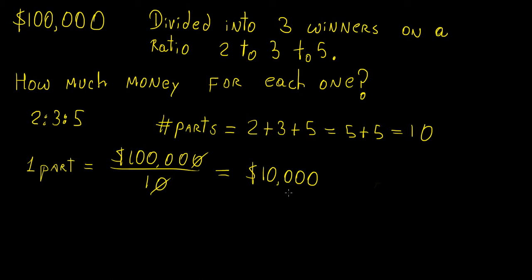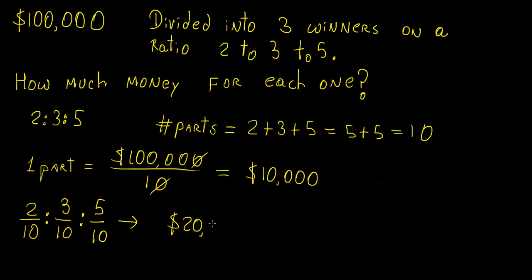Now we know that's the total number of parts, so let's express this ratio as follows. We get 2 on 10, 3 out of 10, and then 5 out of 10. In this way, the first person is going to get 2 parts out of 10, which means 2 times this, so the first person is going to get $20,000.